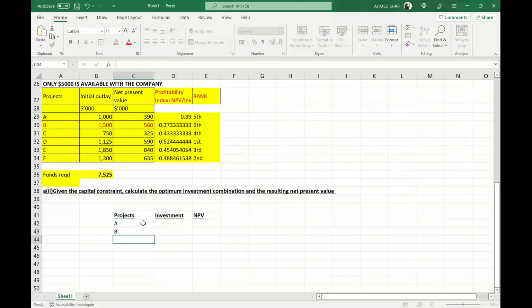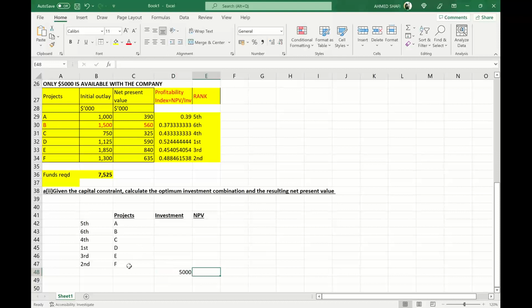Projects are A, B, C, D, E, F. Ranks are 5th, 6th, 4th, 1st, 3rd, 2nd. Inject funds in this order, keeping in mind the investment limit available is only 5,000.